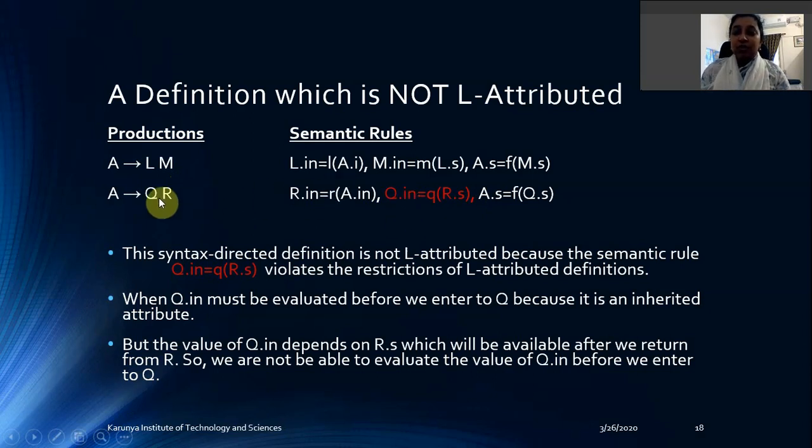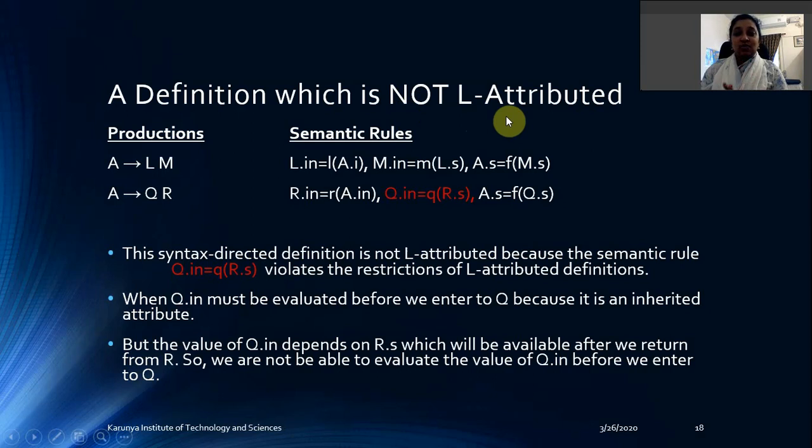So now Q is using some attribute value to the right of it, which is not an inherited attribute. If your attribute doesn't fall into synthesized and doesn't fall into inherited, then you call it a non-inherited attribute. If such attributes are there in our definition, then we call it a not L attributed definition.